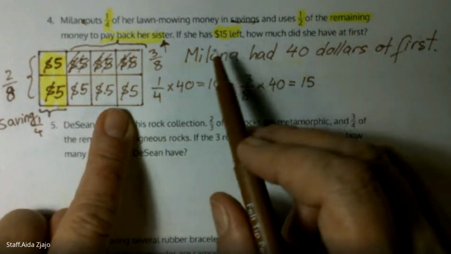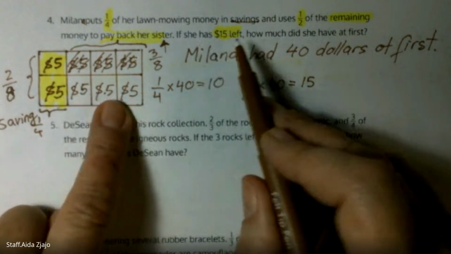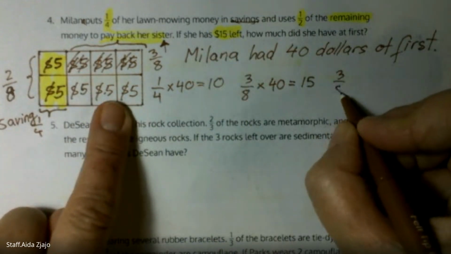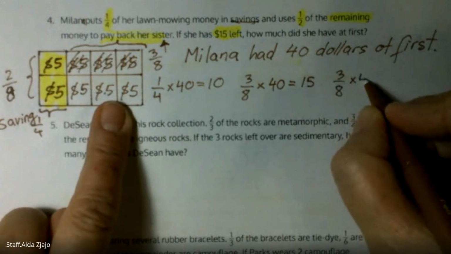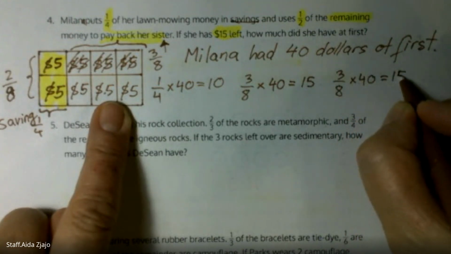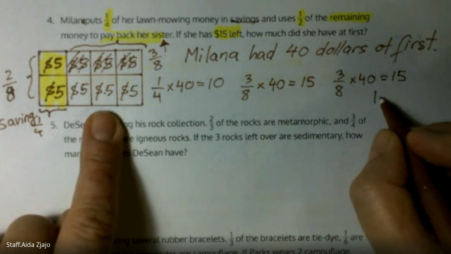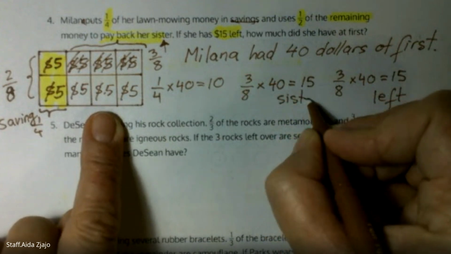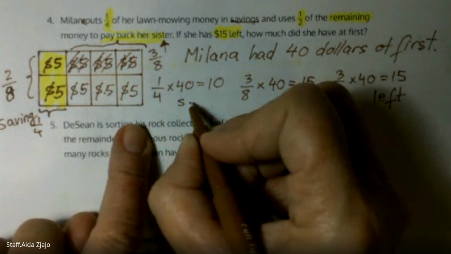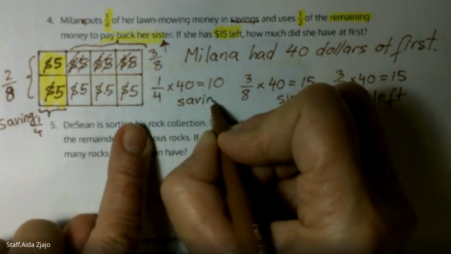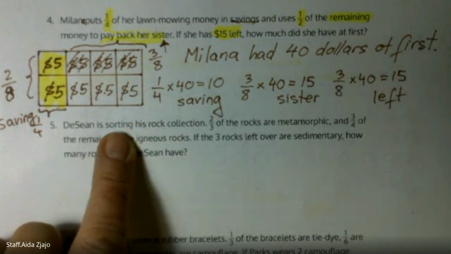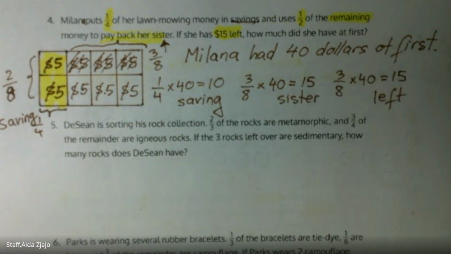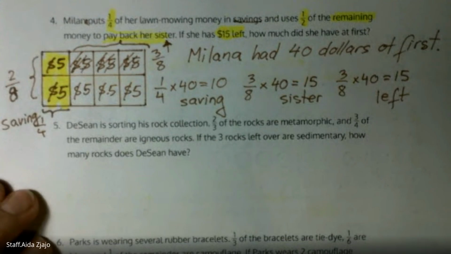How much she has left is $15. So 3/8 of 40 is 15. So this is left money. This is sister, and this is saving. Okay, so now we have a pictorial, we have written, and I hope this makes sense to you.